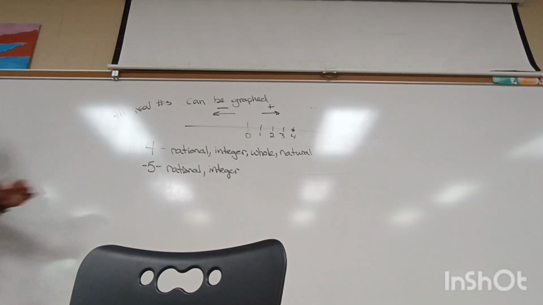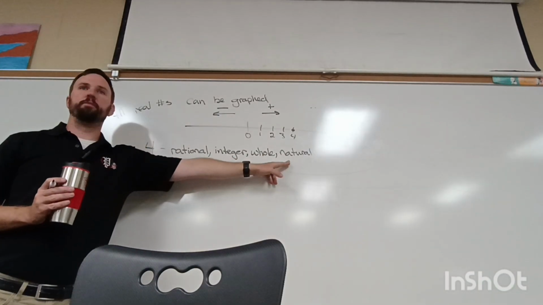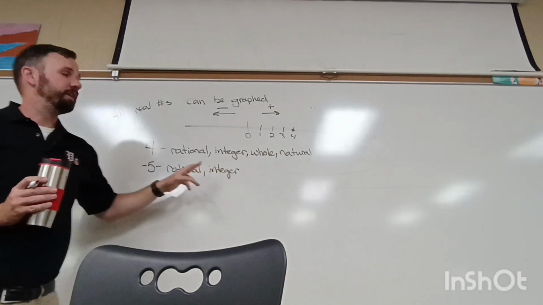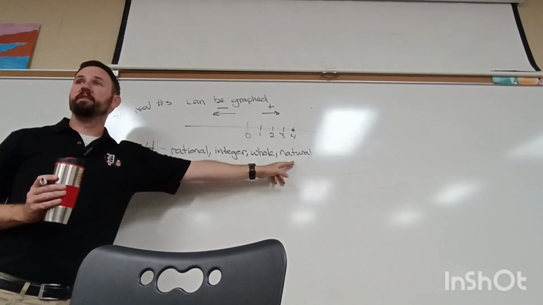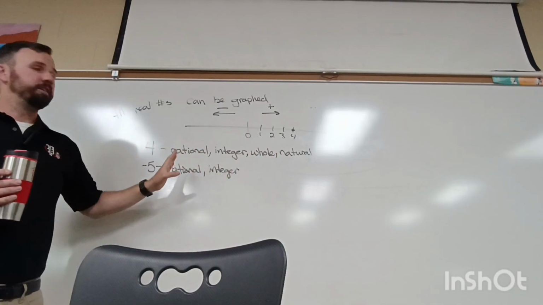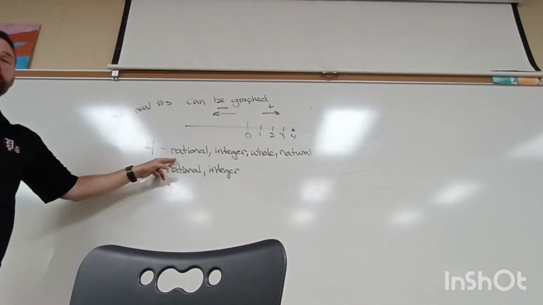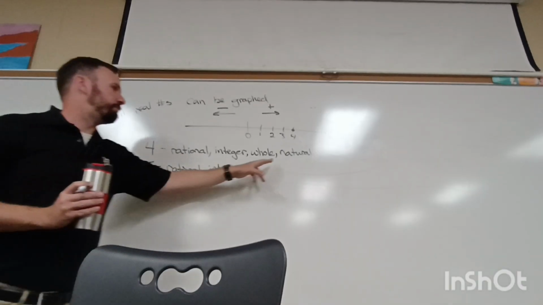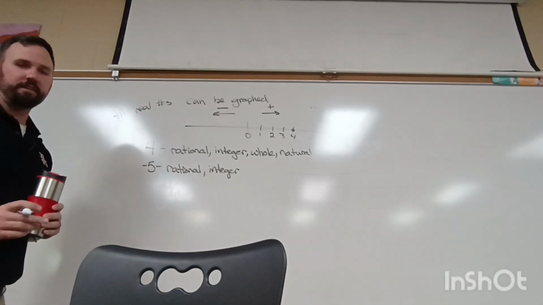Nope. And once you stop on the chart, you're done, right? If you're not a whole number, can you be a natural number? No. If you're not an integer, can you be a whole or a natural? No. If you're not rational, can you be any of these? No. So it's pretty much, if you're a natural number, you're all of these, right? But not all rational numbers are natural.